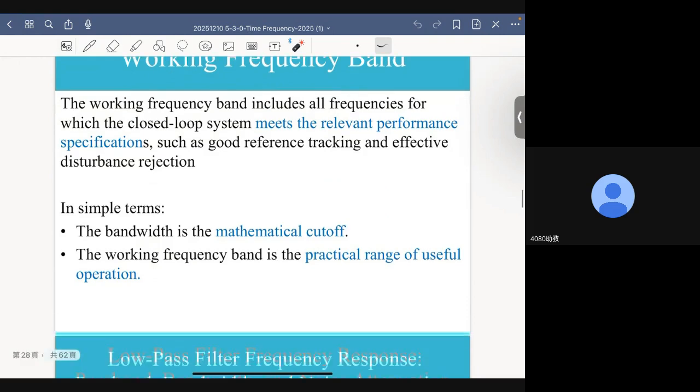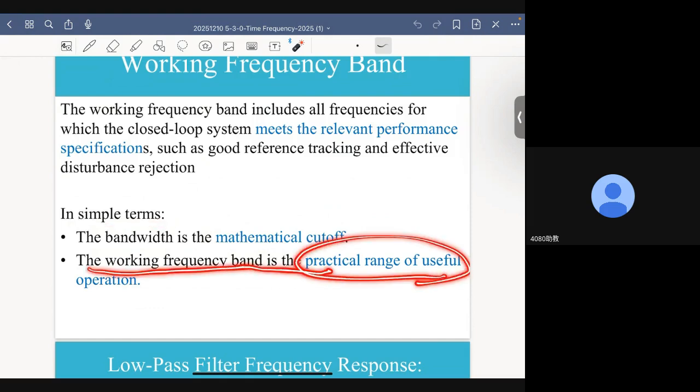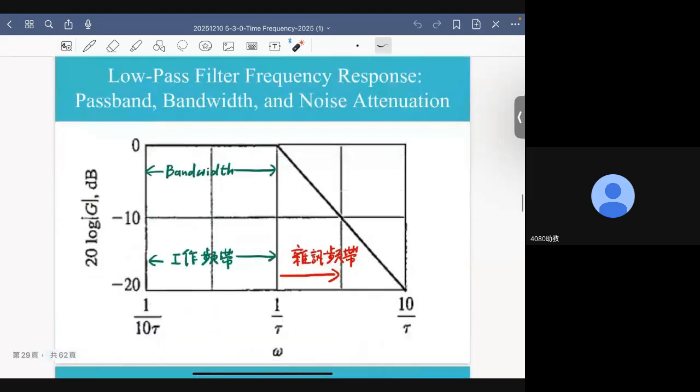Now, in simple terms, the bandwidth is a mathematical cutoff. That is, you need to specify a cutoff in the frequency domain to define the working frequency band. And let me say this statement again. In simple terms, the working frequency band is the practical range of useful operations.